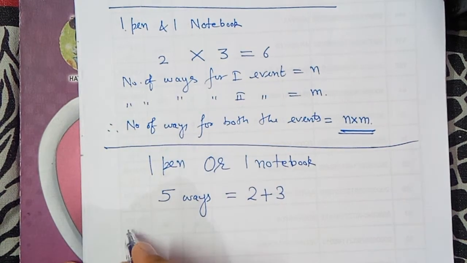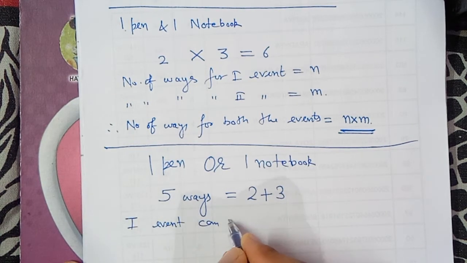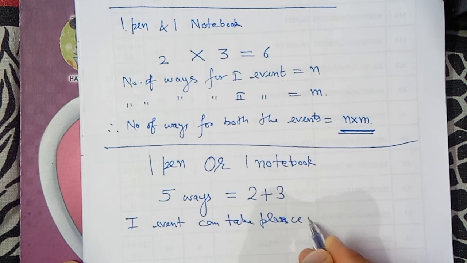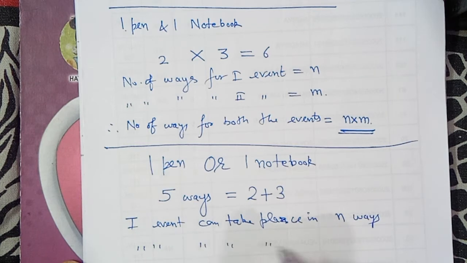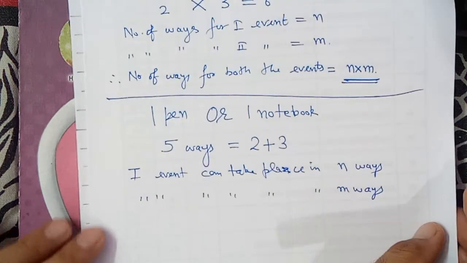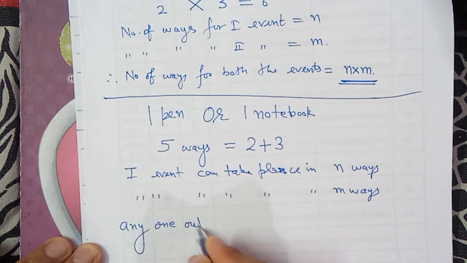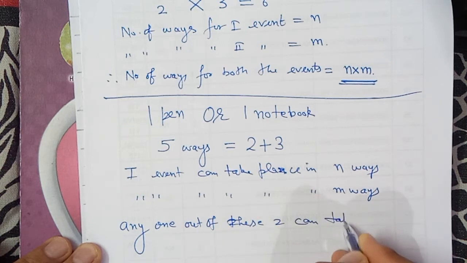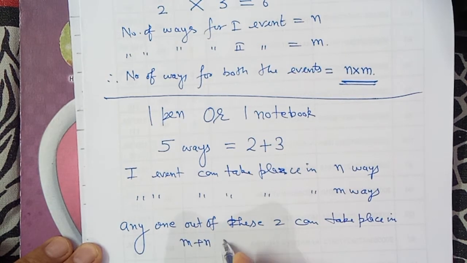So in general, if the first event can take place in n ways and the second event can take place in m ways, then any one out of these two can take place in m plus n ways.